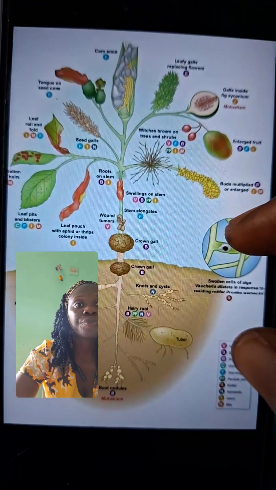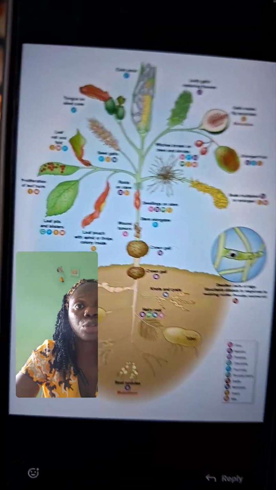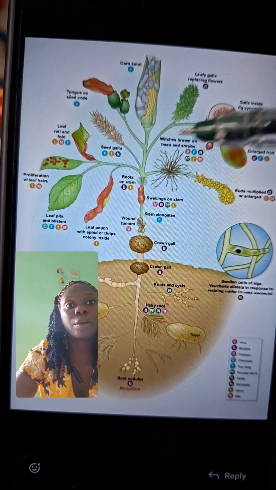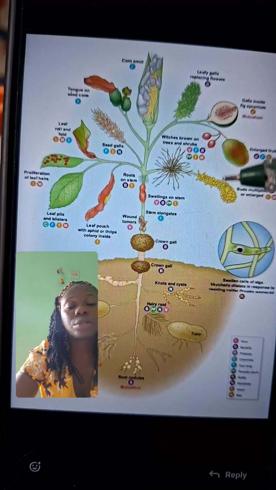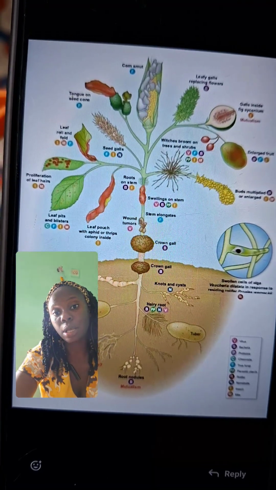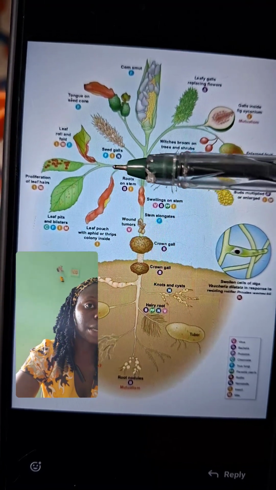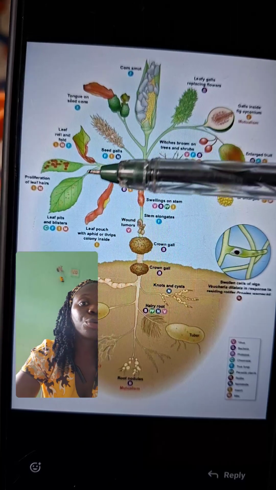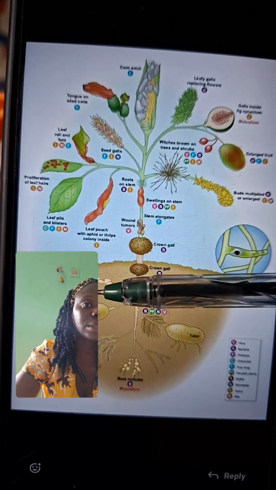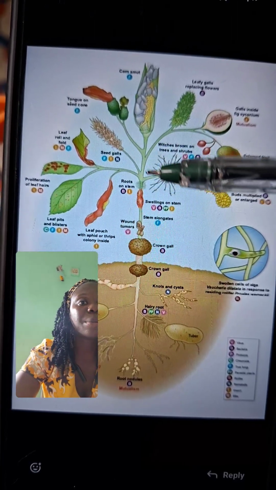But if you want to control that, the most affected area of your plants, like this brown spotted, you can actually take them out. This is why we say you should also prune your plants. The leaves that are closer to the soil, you prune them off.